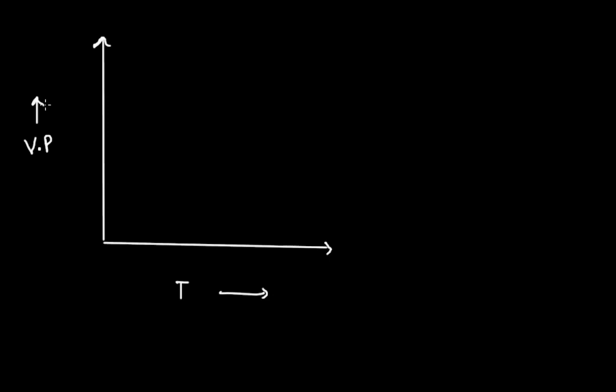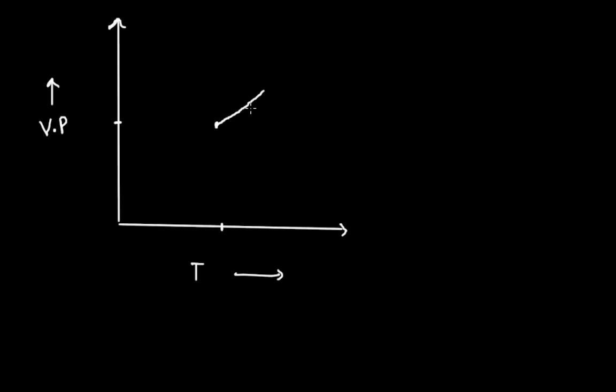Now suppose for a pure solvent, this is your vapor pressure at this temperature. Now what do we know? As the temperature increases, the vapor pressure also increases. Now this is for a pure solvent.